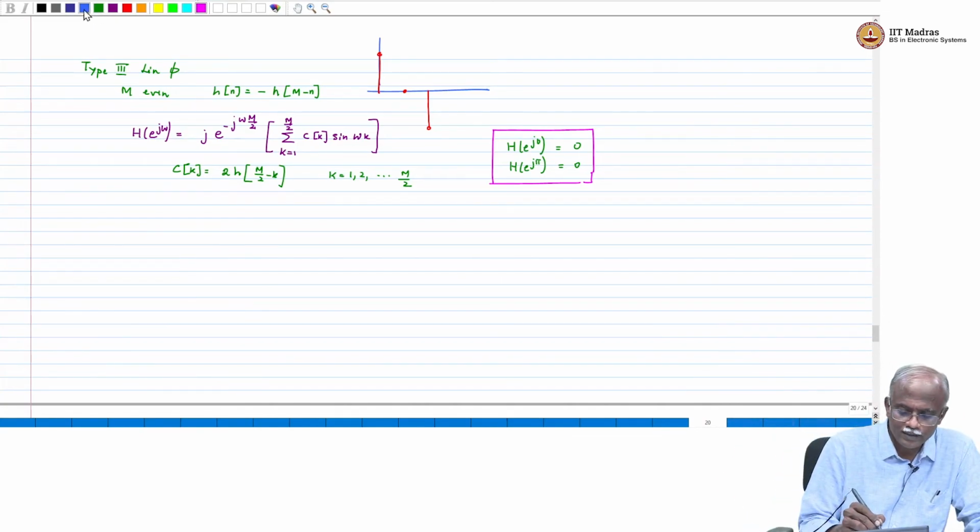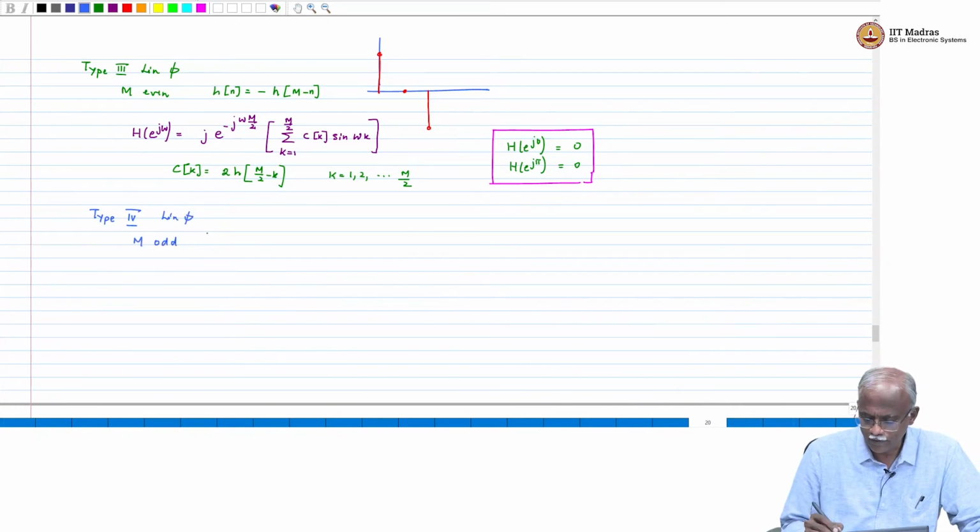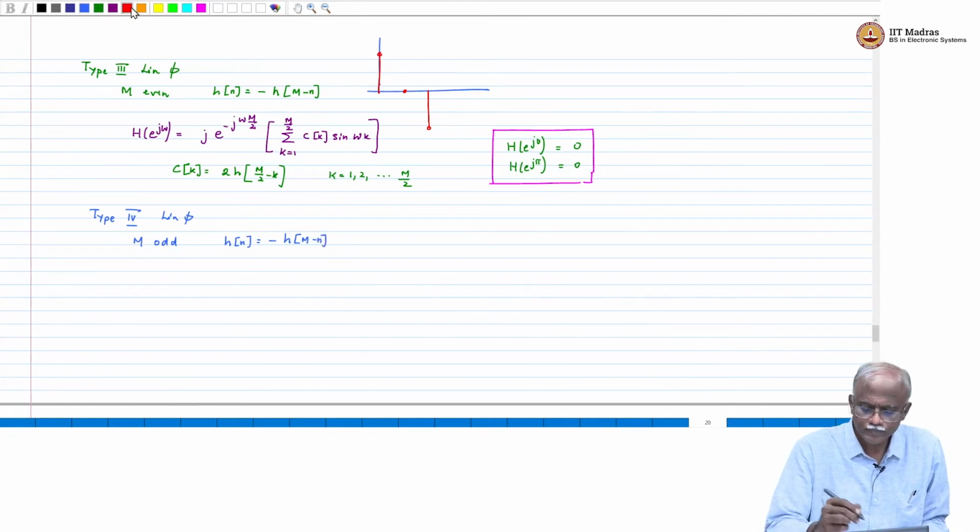And let us look at the last case where you have type 4 linear phase. M is odd, length is even. h of n is equal to minus h of m minus n. This is what it looks like.